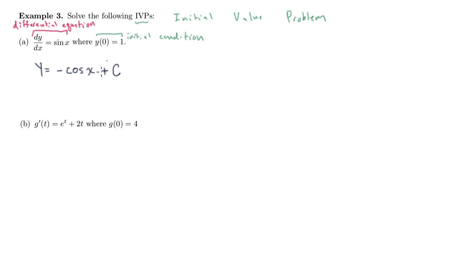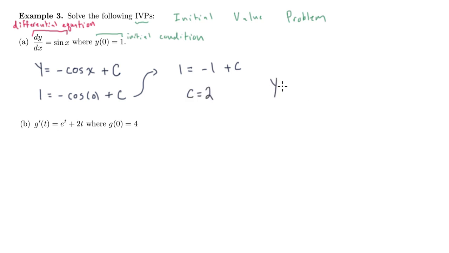So if y of 0 is 1, that means if I plug in 1 for y, and I plug in 0 for x, this should be a true equation. But now cosine of 0 is 1. So this is 1, and I have negative 1 plus c. So in other words, c is equal to 2.